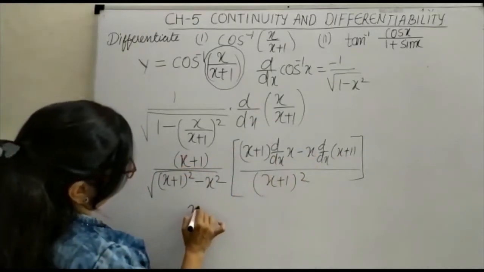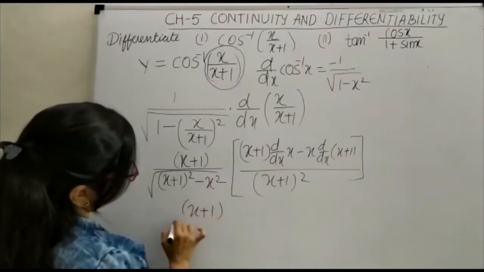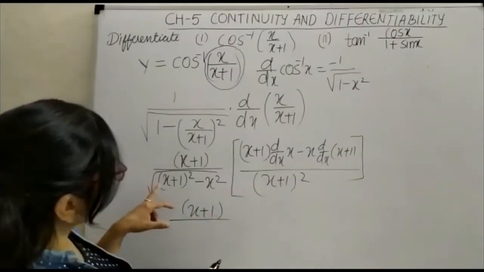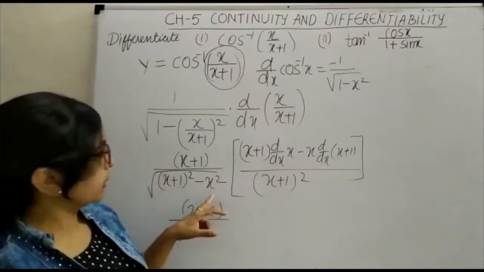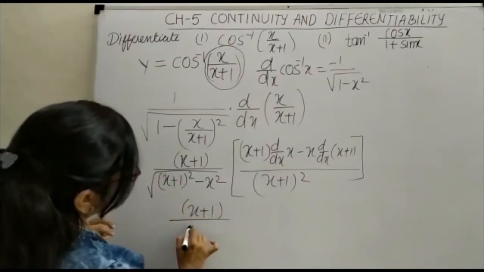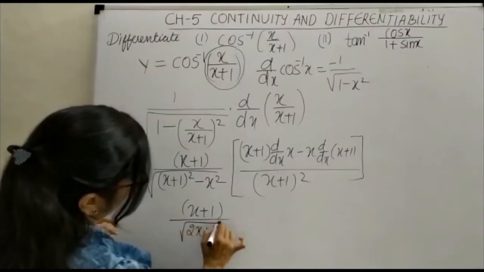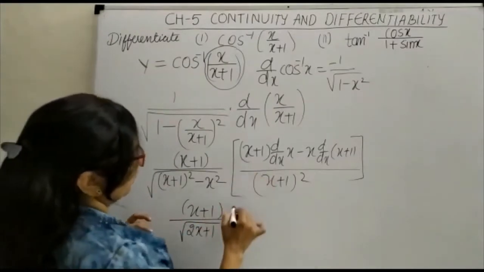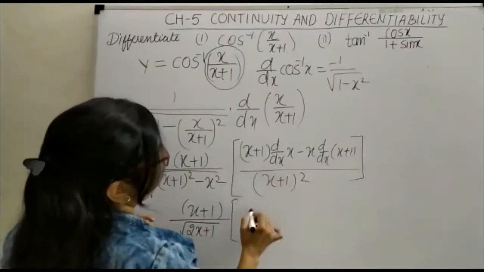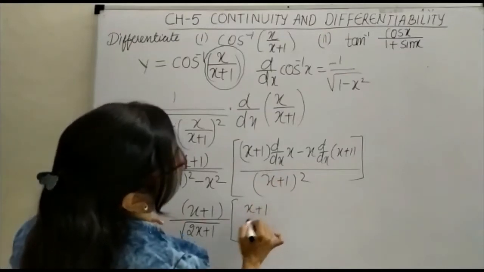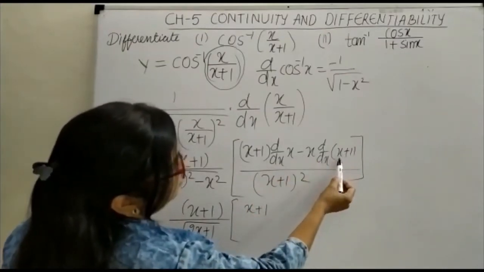Now this is equal to x plus 1 upon, you can see that x square and x square will be cancelled. So we are here with 2x plus 1 and this will be here in under root. Okay, now let us work out this one. This is x plus 1 and the differentiation of x is 1.